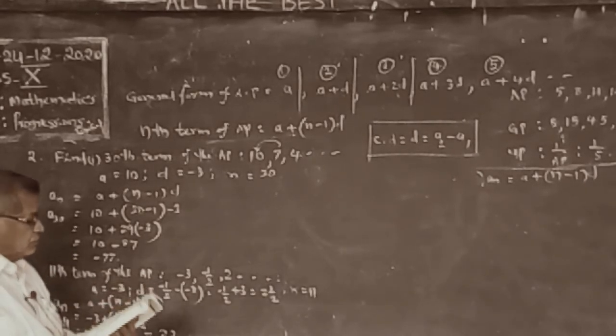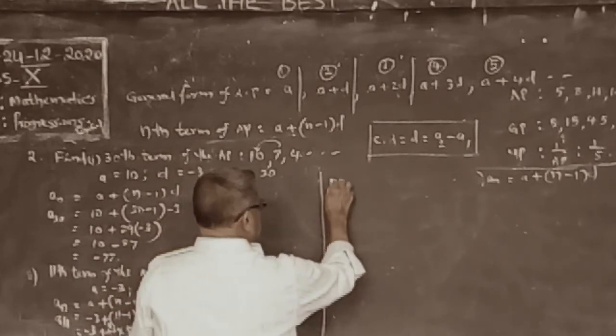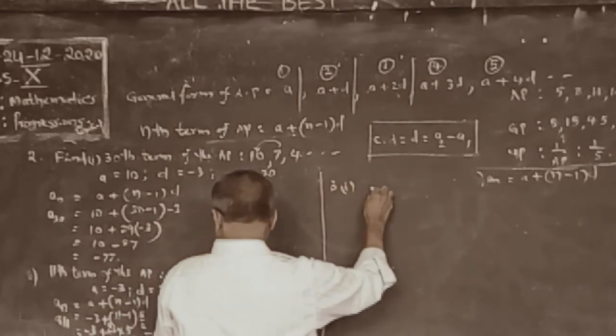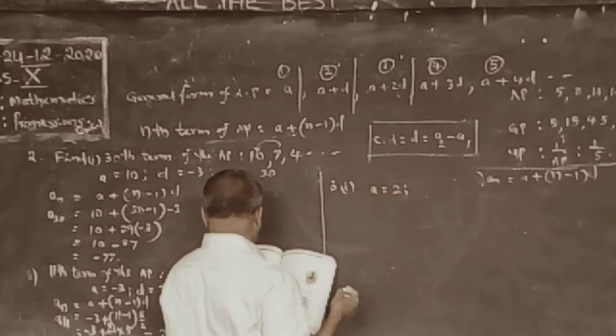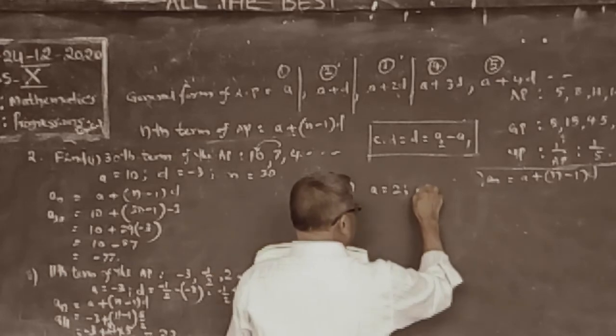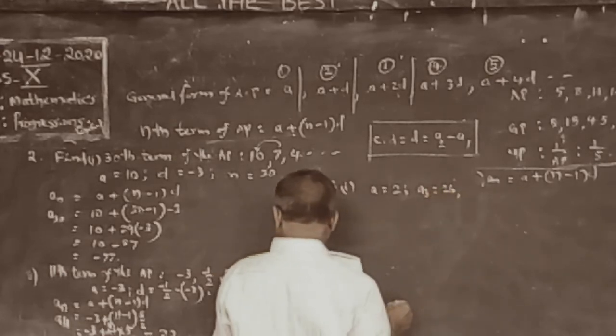Third problem: one problem I will show, the others you do. A equal to first term 2, A and A1 are the same. A3 is given as 26. Find A2.